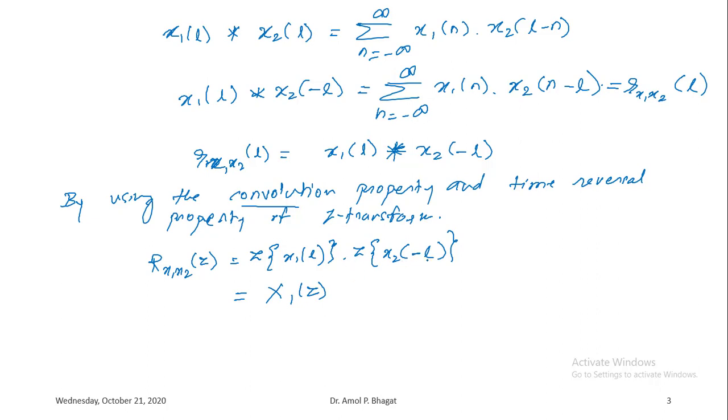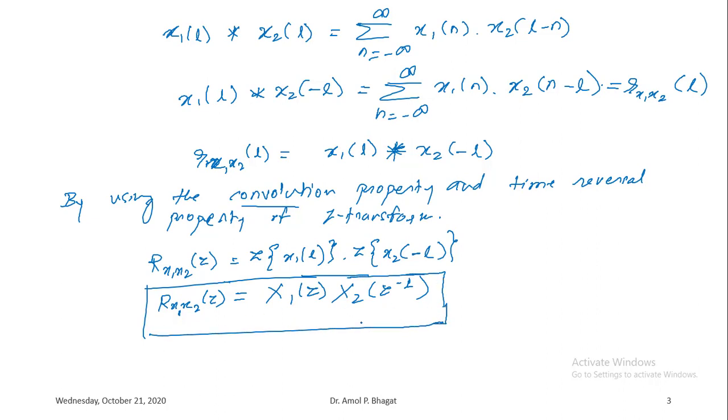And the Z transform of x2 of minus l, as per the time reversal property, is X2 of z inverse. So this is the cross correlation of the x1 of n and x2 of n signals in the Z domain, the multiplication of X1 of z and X2 of z inverse.